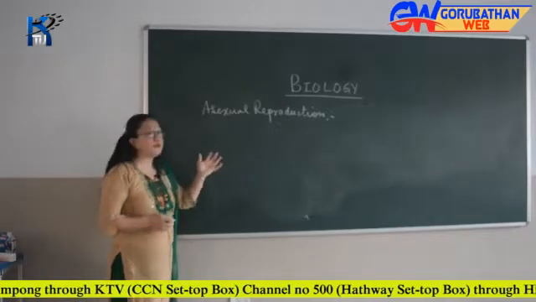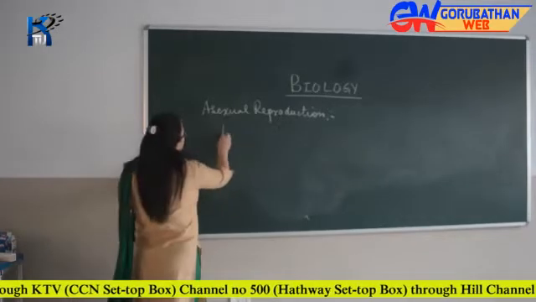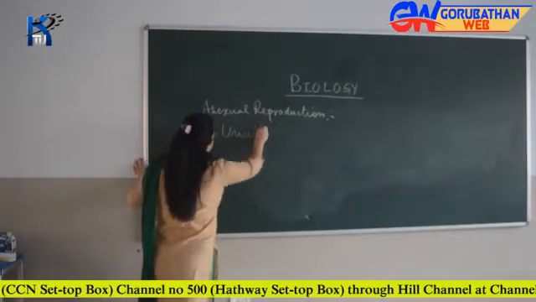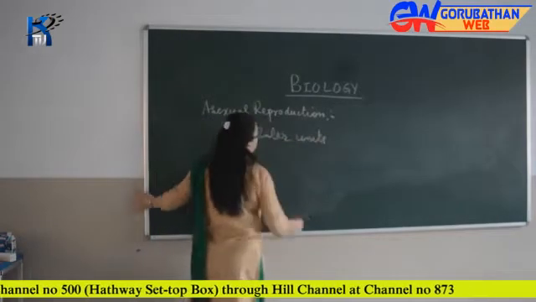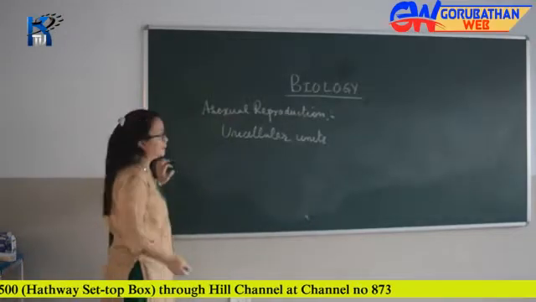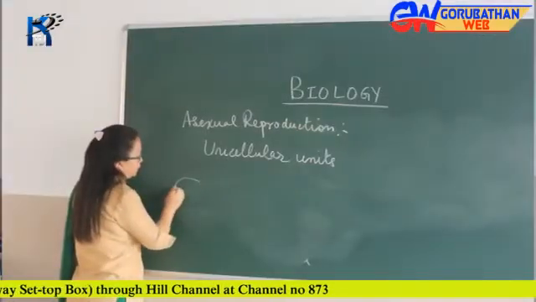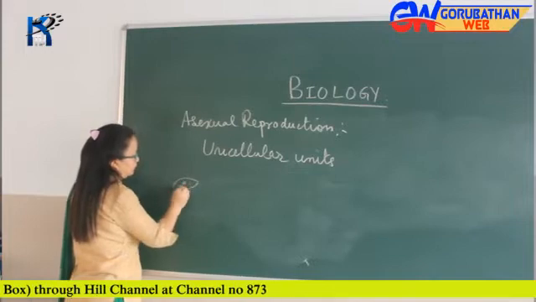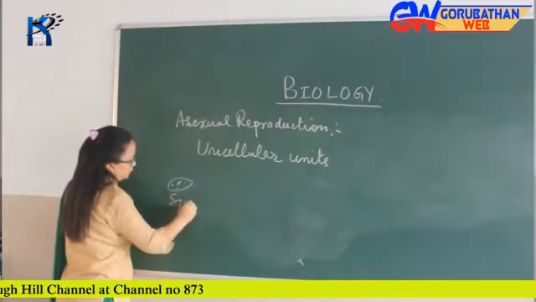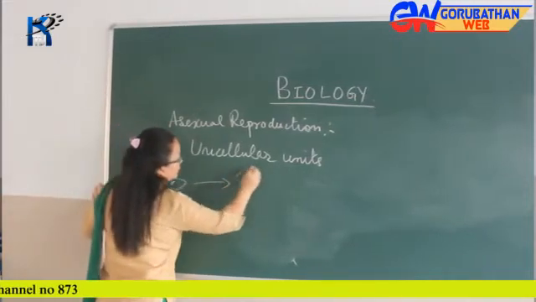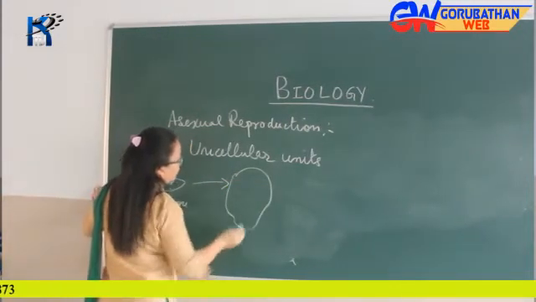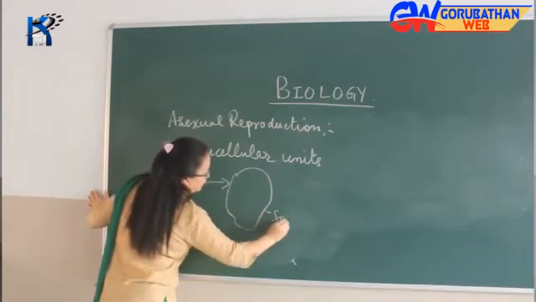So during asexual reproduction, unicellular units are produced that are called spores. That is called spore. Okay, and these spores are found inside the sporangium.